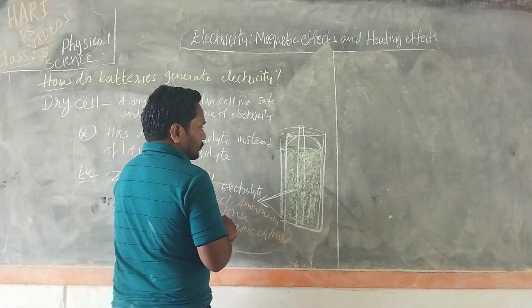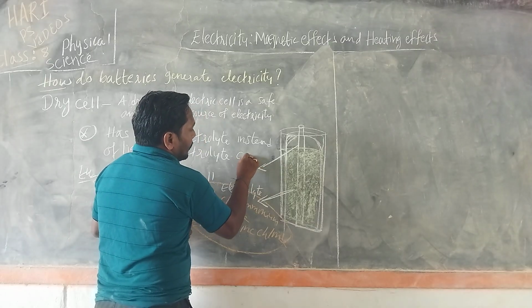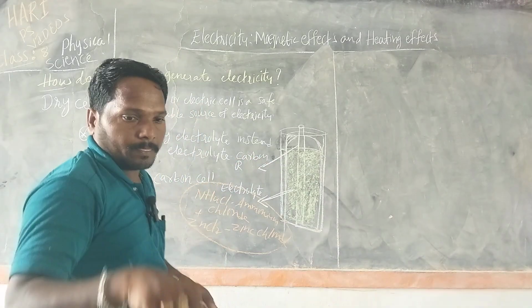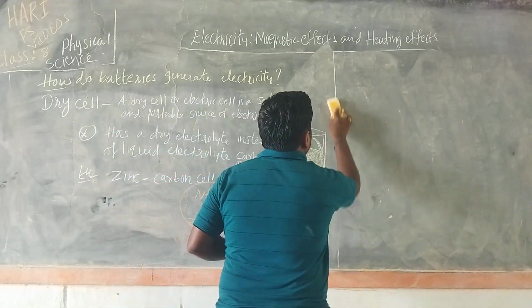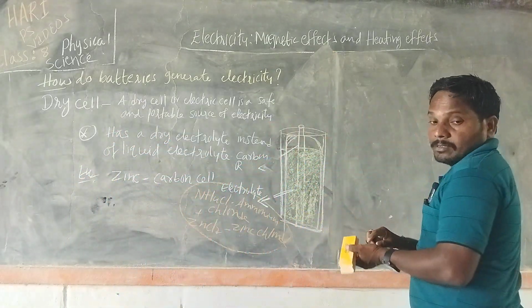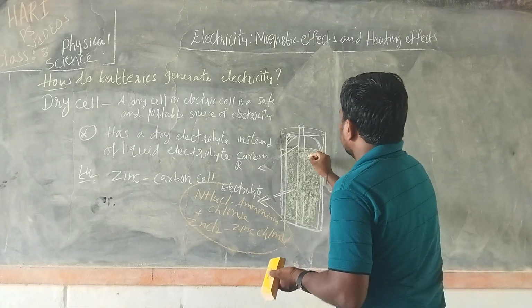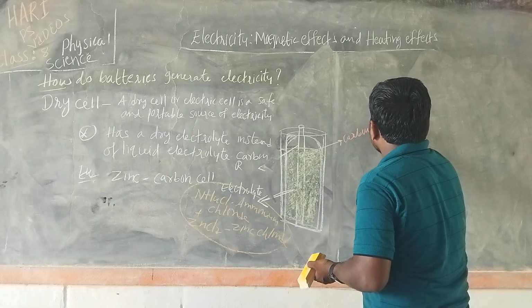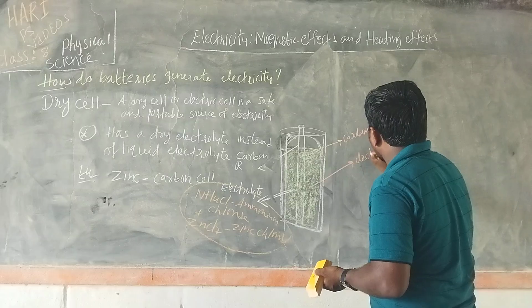So here this is a carbon rod, and this is an electrolyte.